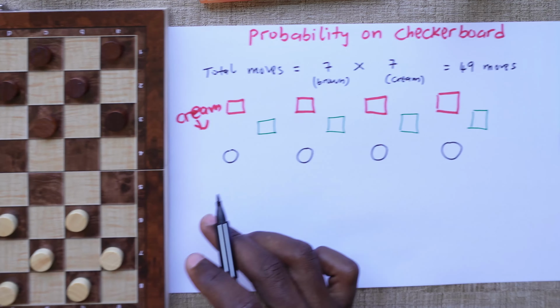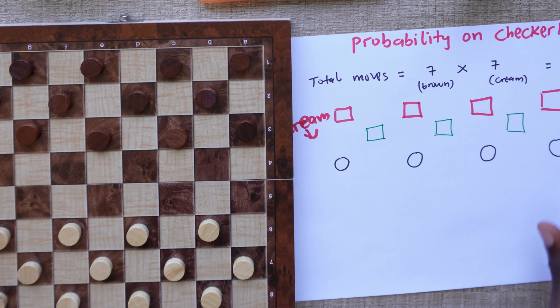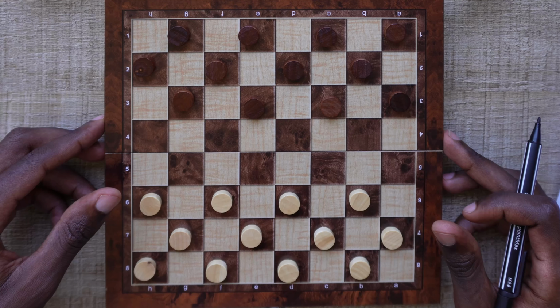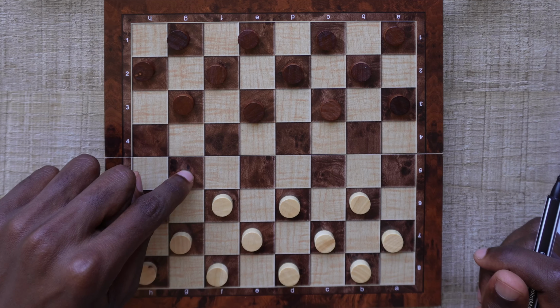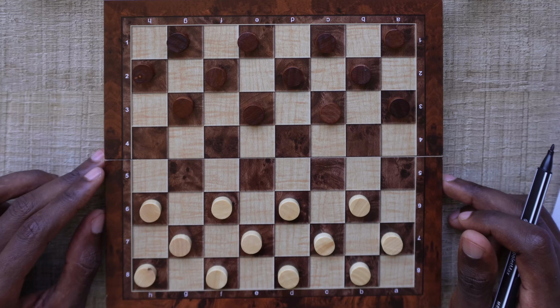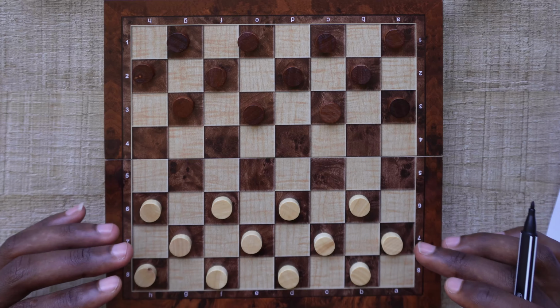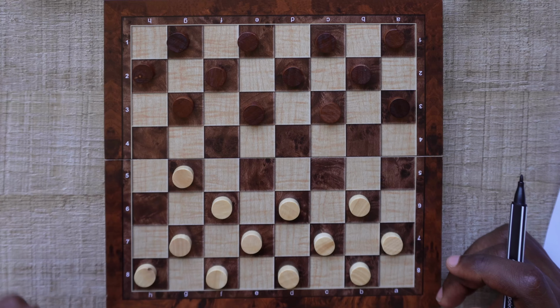Let me take back the chessboard. If you look carefully here, it's a bit messy, let me shift that. So let's take this slot, this slot right here. Suppose that I play and I move this guy over here.